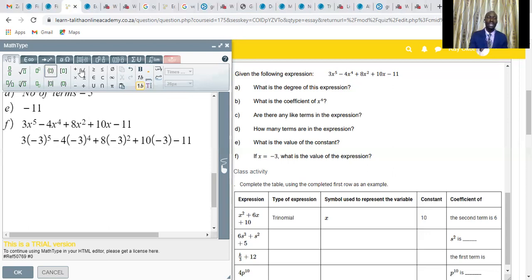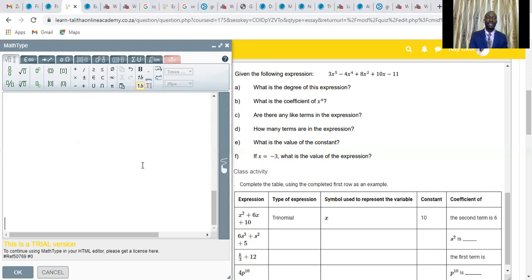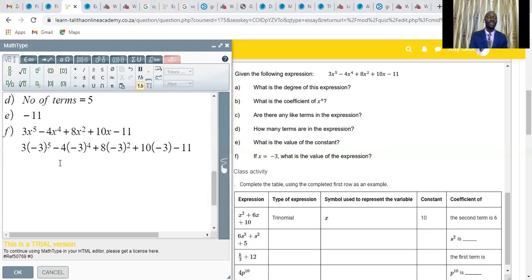So now what we want to do is find the value of the expression. How do you do that? Well, let's get our calculator. This will be a lot easier for us to handle. So here we go, the whole thing in the calculator.